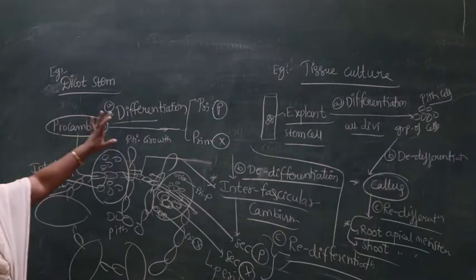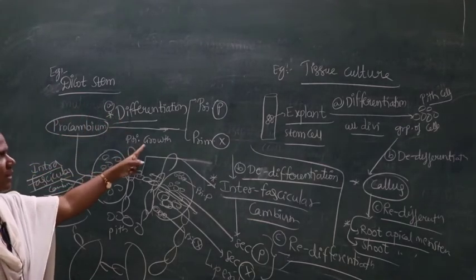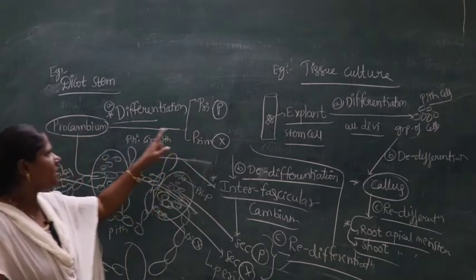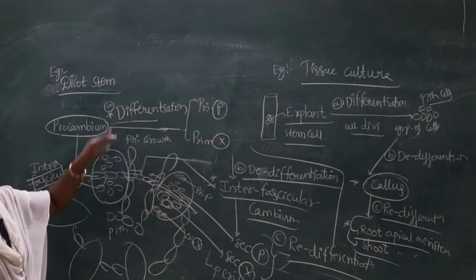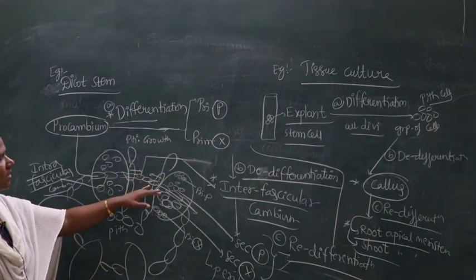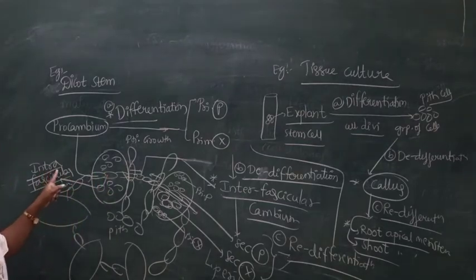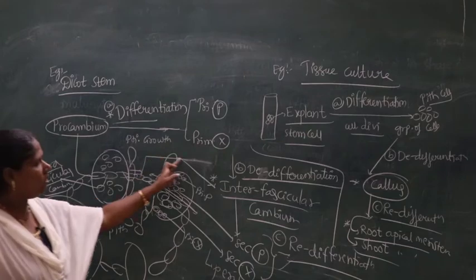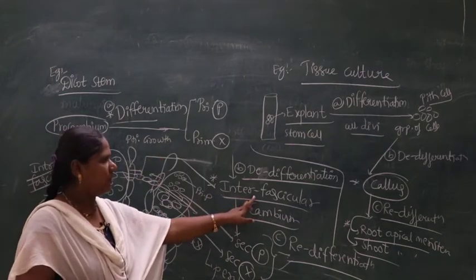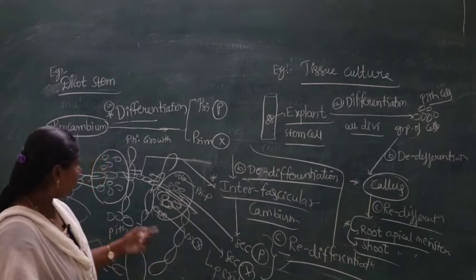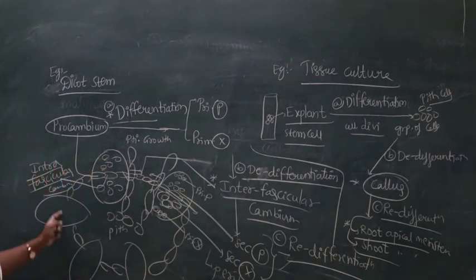Procambium will undergo differentiation, that is at the time of primary growth, leading to formation of primary phloem, primary xylem. That is the process called differentiation. Later what happens? Cambium at the time of secondary growth extends laterally. What extends? Intrafascicular cambium extends laterally and forms what is called interfascicular cambium, that occurs by de-differentiation. Later this continuously forms the cambium ring.